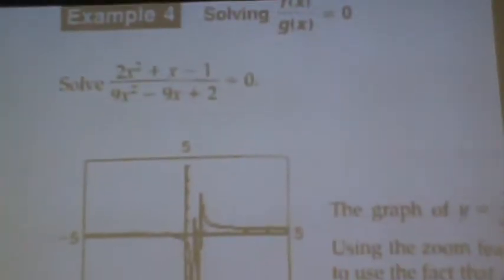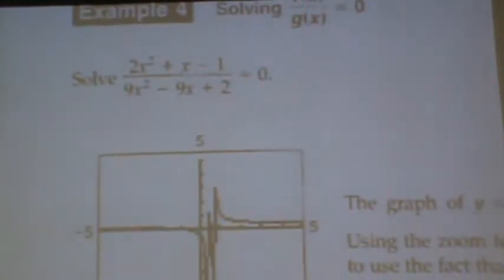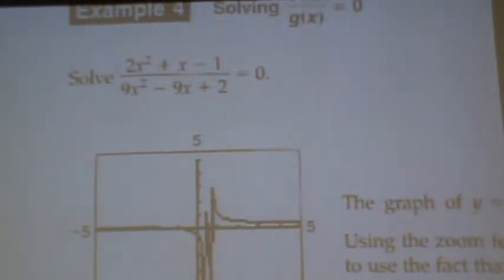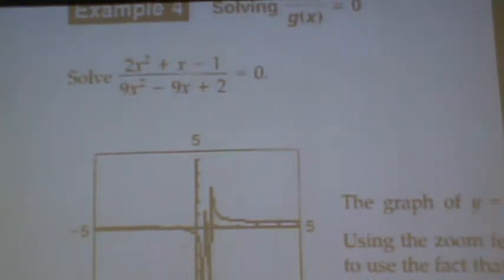All right, what do we do when we have a fraction? Remember on your test yesterday what you did when you had a fraction? What do you set when you have a fraction? The top equal to 0. The top, the numerator. If you don't, look at the picture you get. You're going to get that ugly picture and then try and find out where it hits. You don't want that.